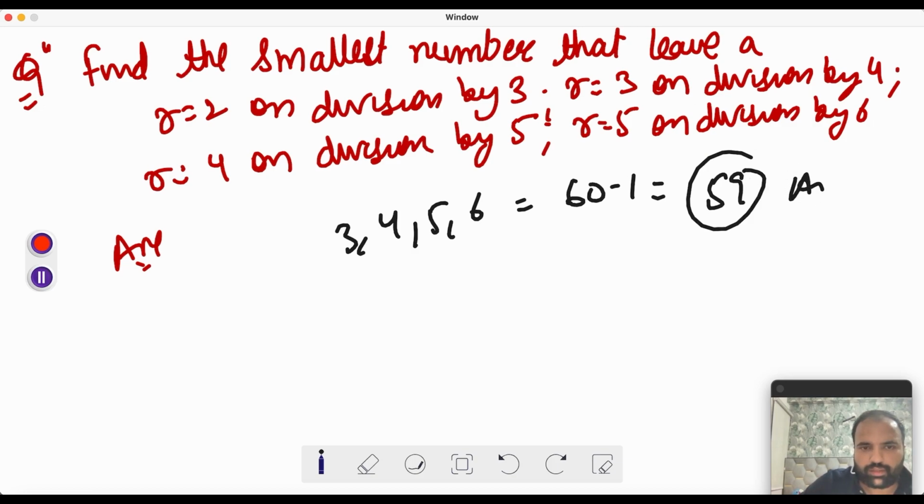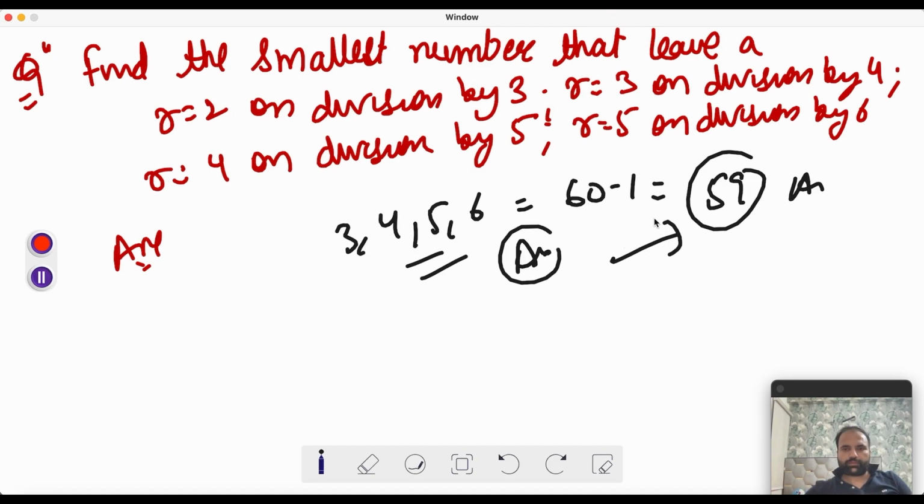You can check it. If you want to check, you can check this as well. Yeah, it looks correct. So that's the answer.